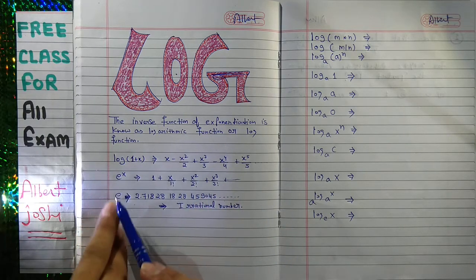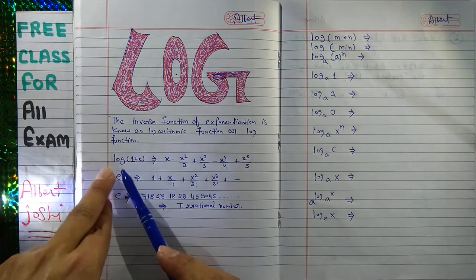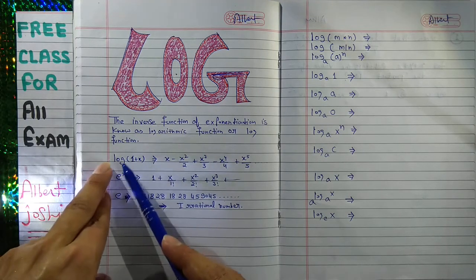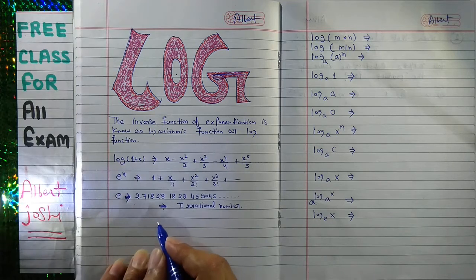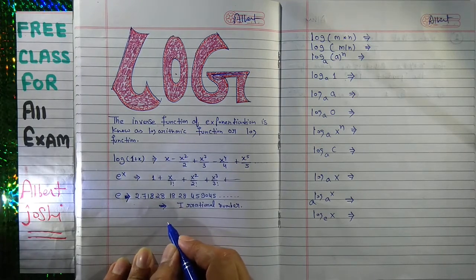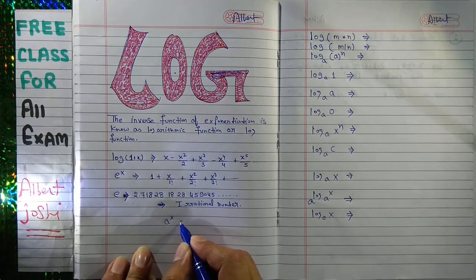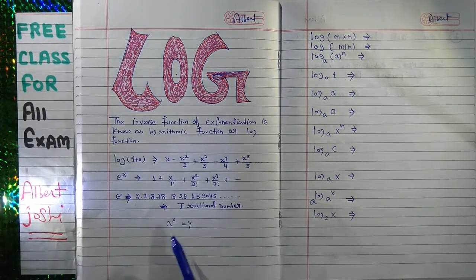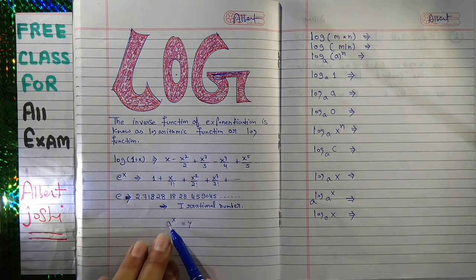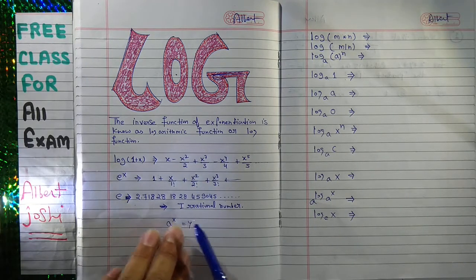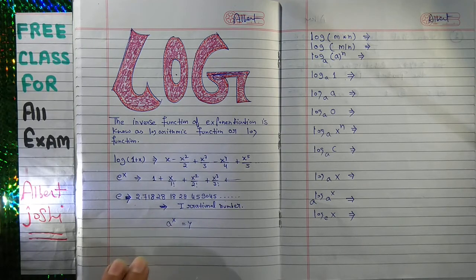And the value of e, I told you about this and this. Actually, what is this and what is this? Whenever you write a to the power x is equal to y, suppose this a is a constant and this x is the variable, and suppose its output is y, and we want to find x.